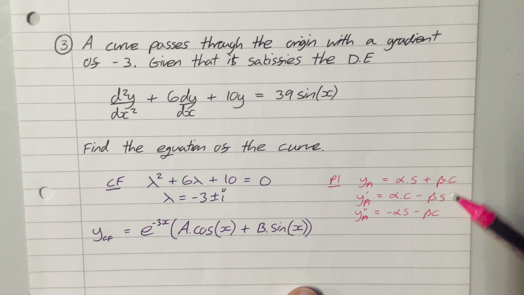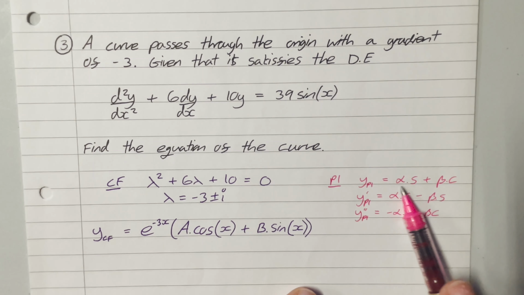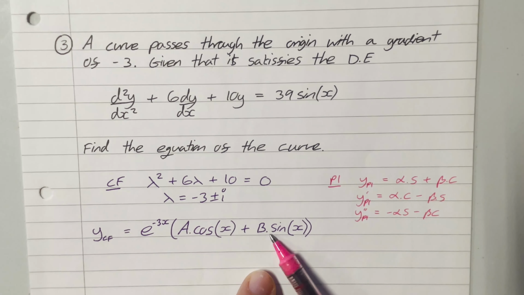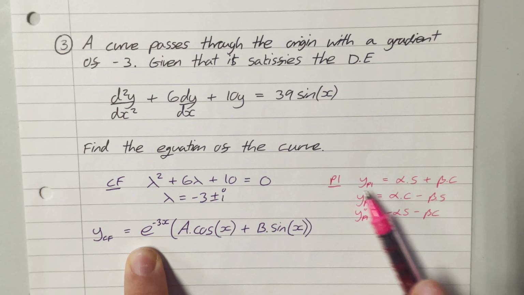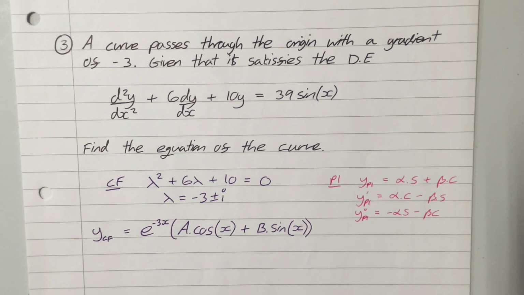I'm going to take these three definitions and run them through. This will work, by the way, because I know there's an alpha sine here and there's a sine in my complementary function. However, the sine of the complementary function is actually multiplied by e to the negative 3x. So that is not part of my particular integral. So it does work.